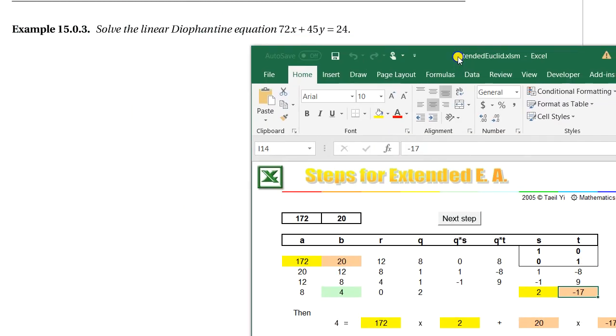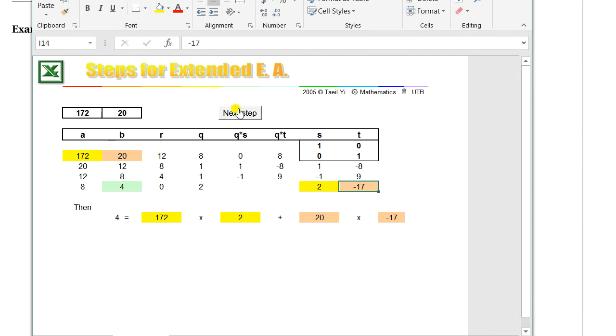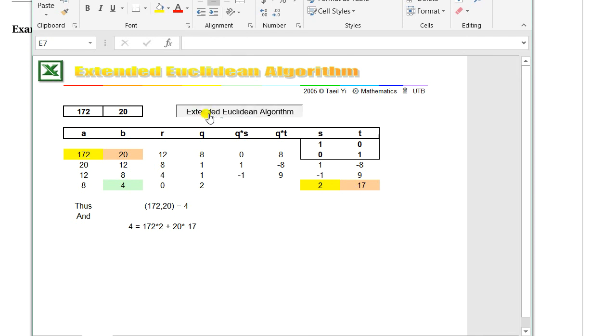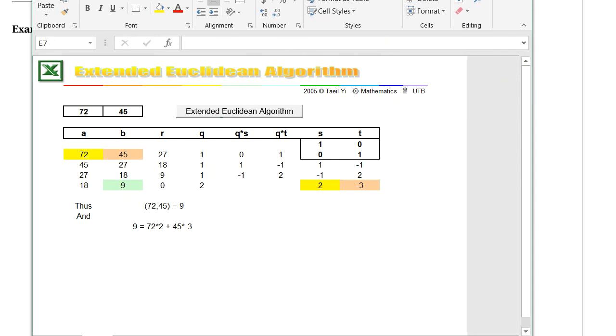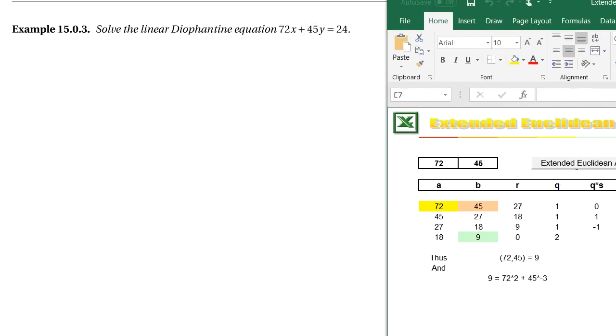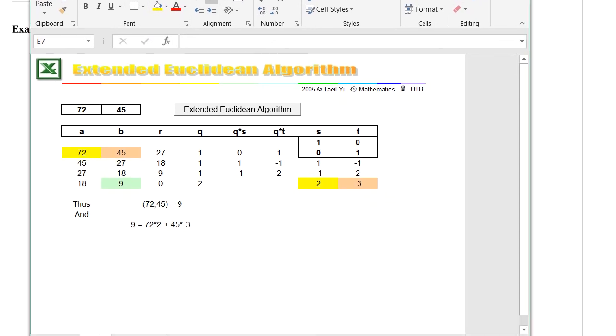It's 72 and 45, right? Okay, 72 and 45. Okay, great. So we found that result. The greatest common divisor of these two numbers is 9, right? And the linear combination should be 2 and -3 for that.